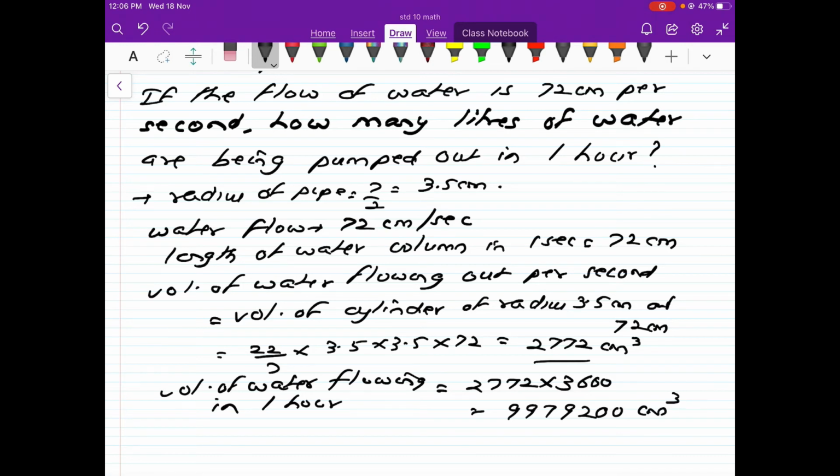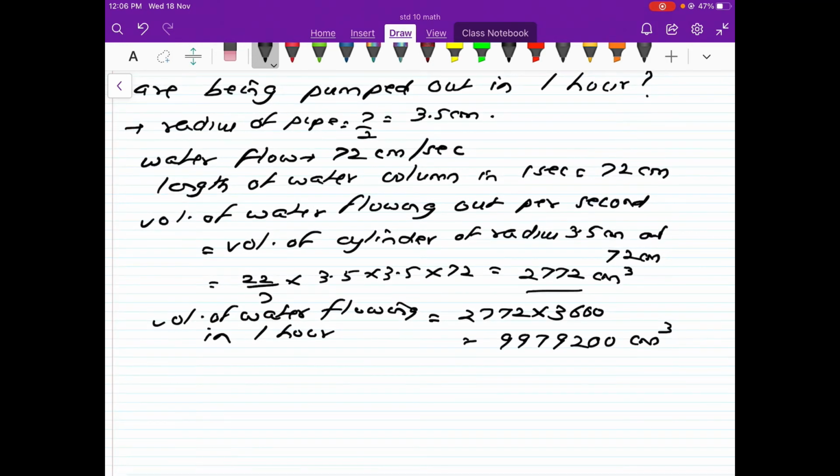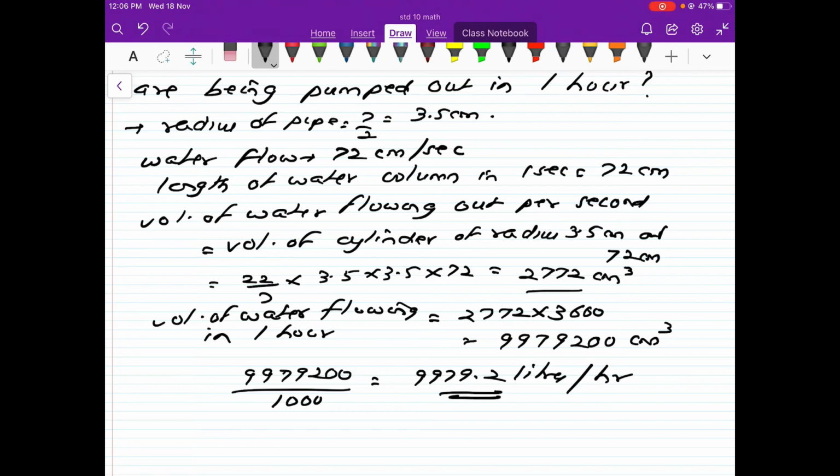But if you want to convert them into liters, we'll have to divide it by 1000. So 9979200 upon 1000 will give me 9979.2 liters. Now this is the flow in liters per hour, which was the required answer.